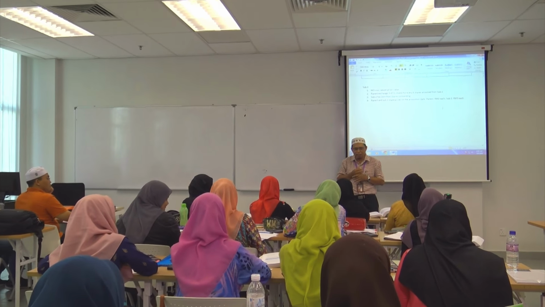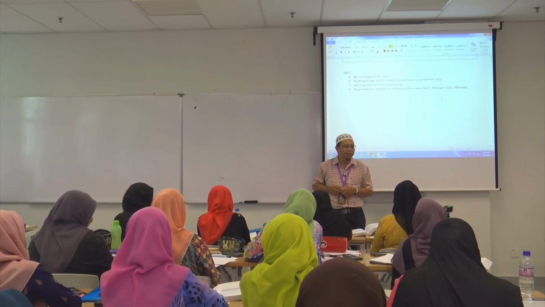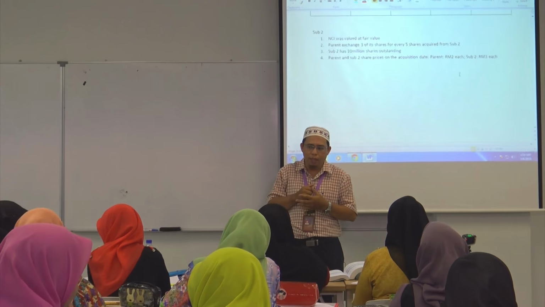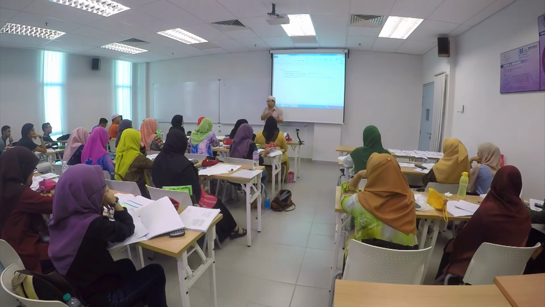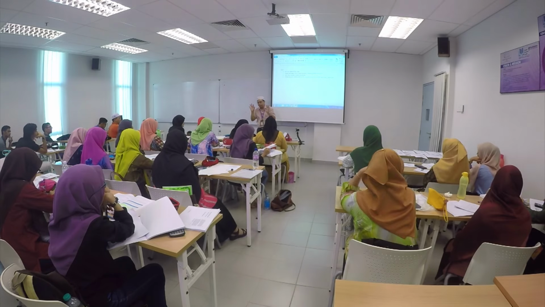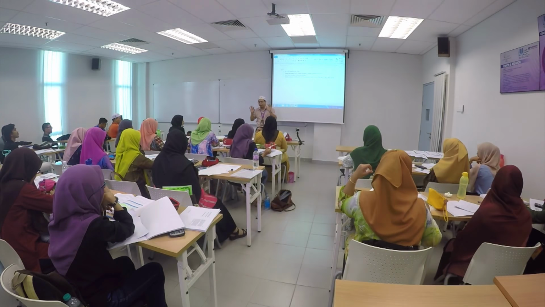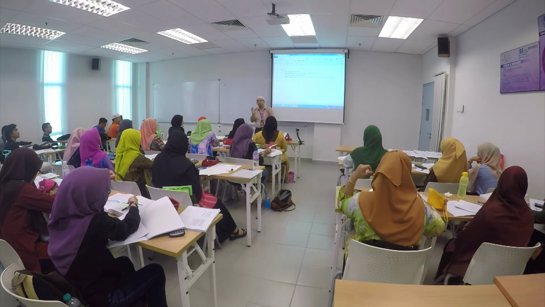You go back and discuss, but you need to include them. Cash, share, and in our case it could be contingent consideration. I think one or two past semester exams have that issue. So many students miss the contingent consideration. So that's something that you can go back and discuss at the weekend.